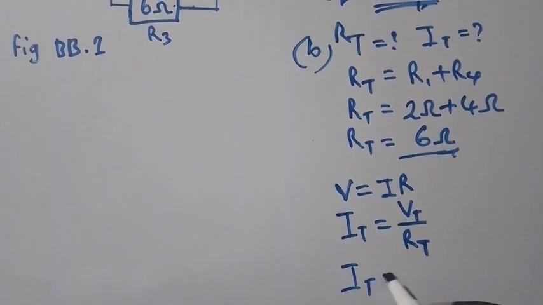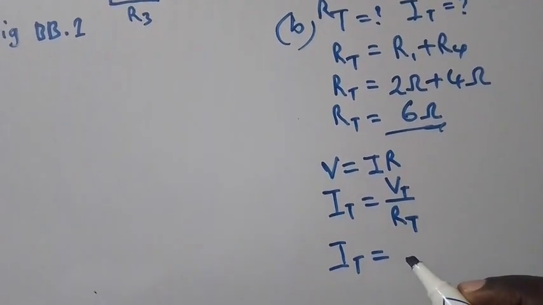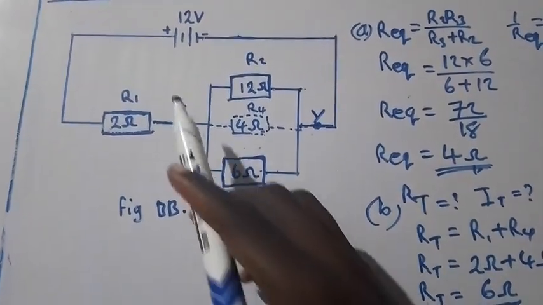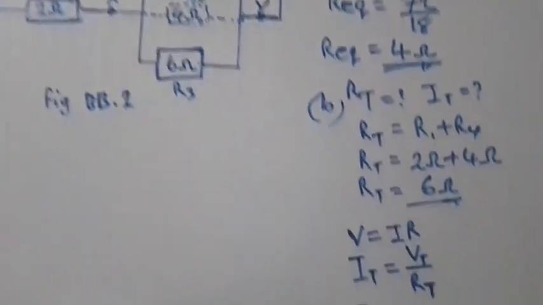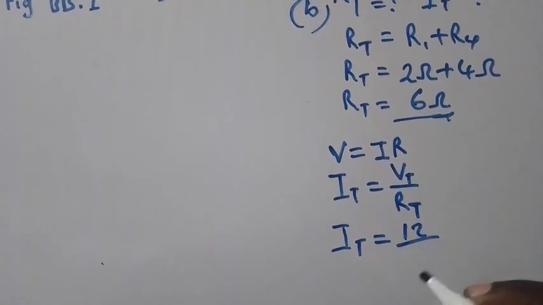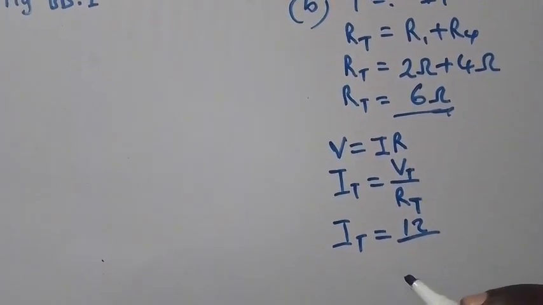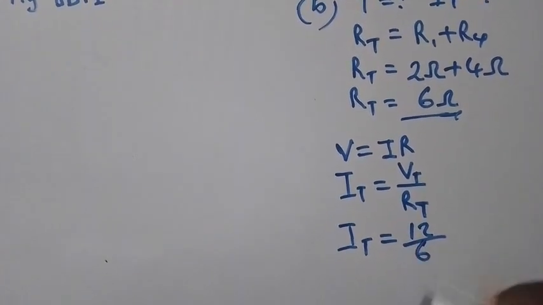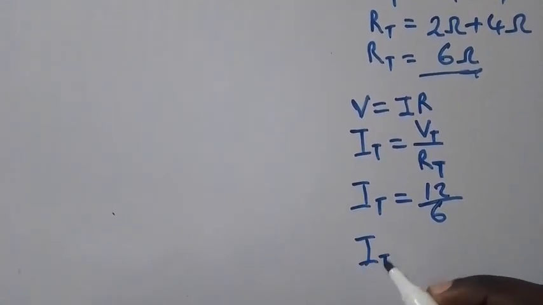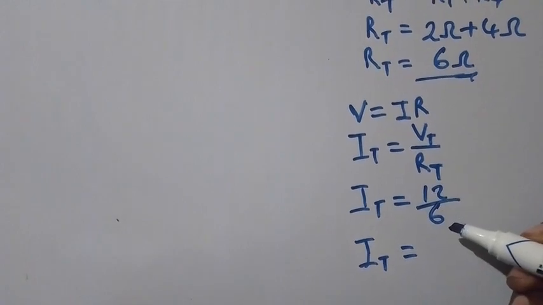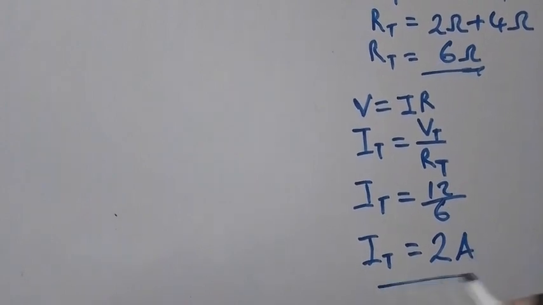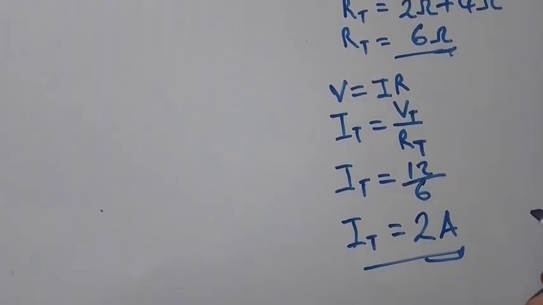We have 12 from the circuit there, over 6 for RT. So 6 into 12, it's 2. So the current total is going to be 2.